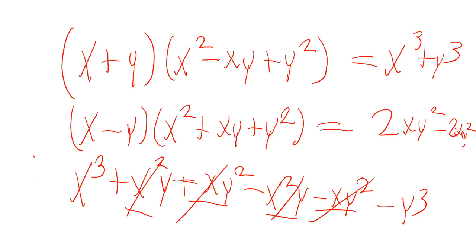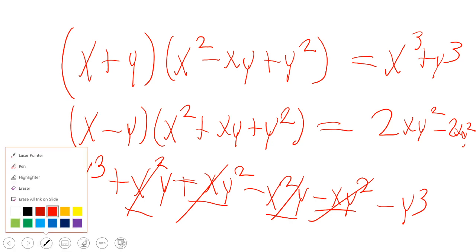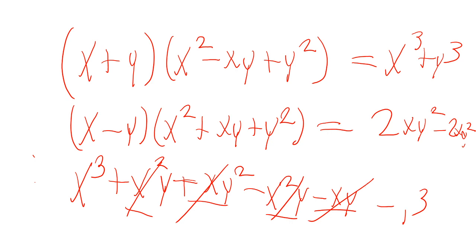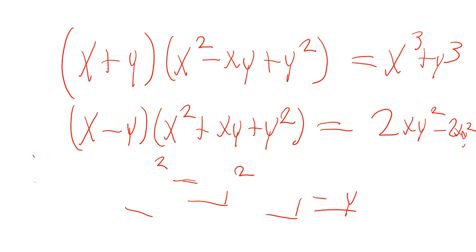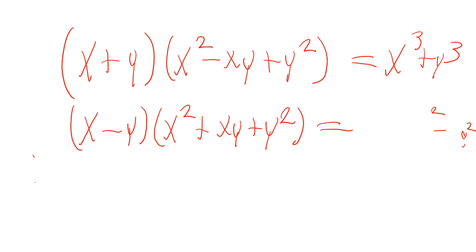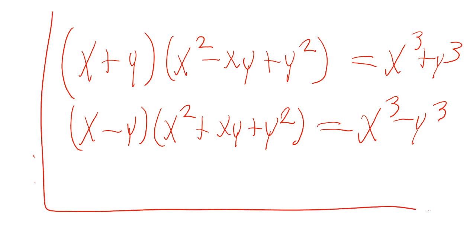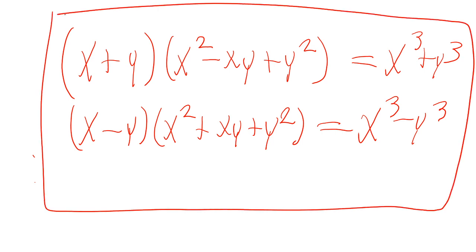We have x cubed minus y cubed. So let's take a look at our results. Sum of cubes, difference of cubes. These are the two factorizations for the sum and difference of cubes. That's how you would do that.